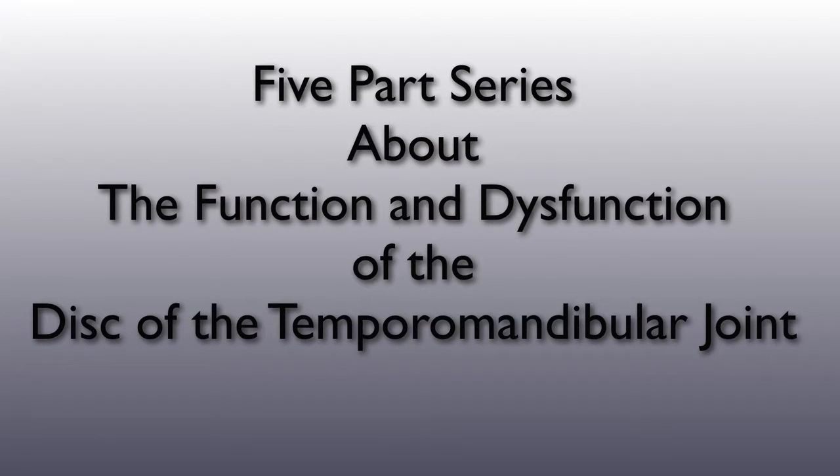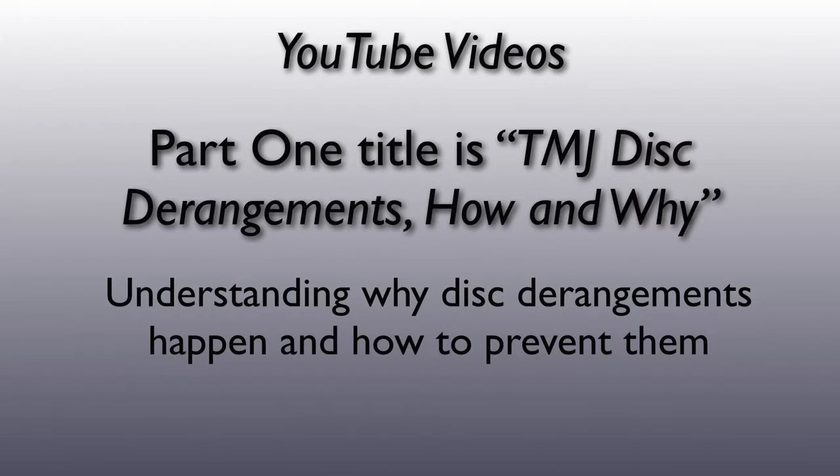This is the third video in a 5-part series on the function and dysfunction of the disc of the temporomandibular joint. The first video can be found by doing a title search on TMJ disc derangements, how and why.